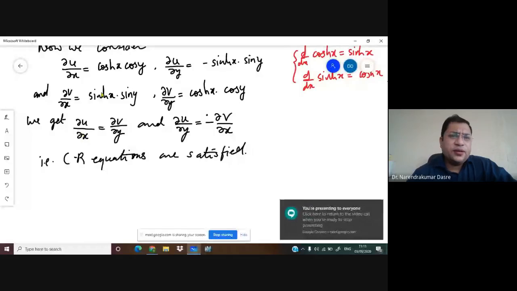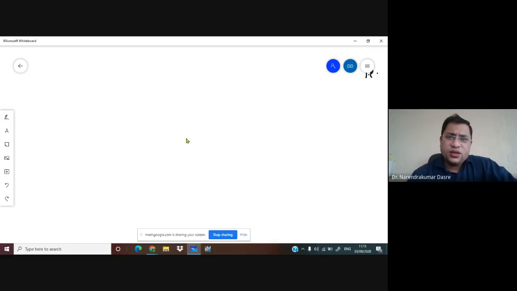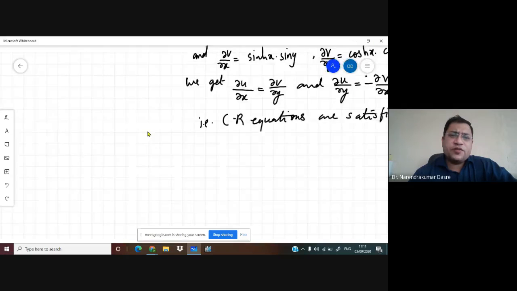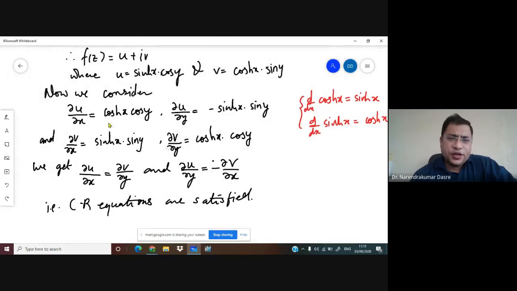Here the hyperbolic function is continuous, the trigonometric function is continuous, and these are all products of hyperbolic and trigonometric functions, and that's why these are continuous.